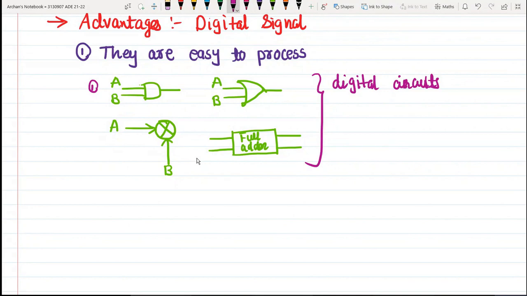Whenever I give input at terminal A and terminal B, these two signals will get multiplied at the output, so my output would be A into B. Similarly, this is an OR gate, which will add the two inputs, so the output would be A plus B. And here the output would be A cross B. Similarly, for the full adder circuit, if we provide two inputs, then the sum bit will be there, and there is one more output which is known as carry.